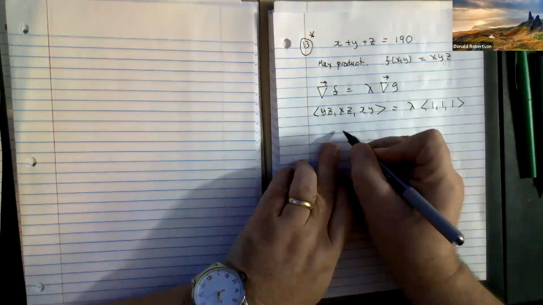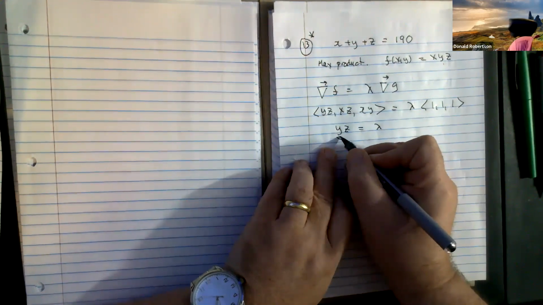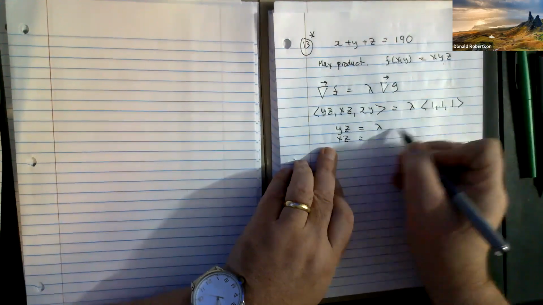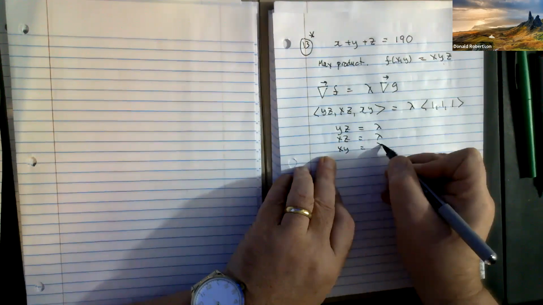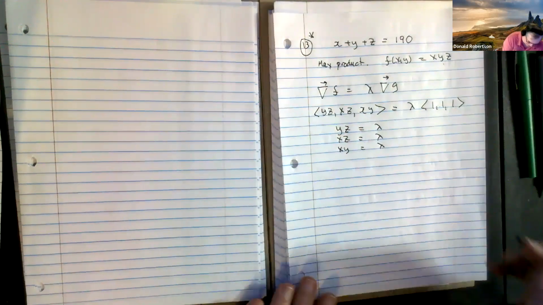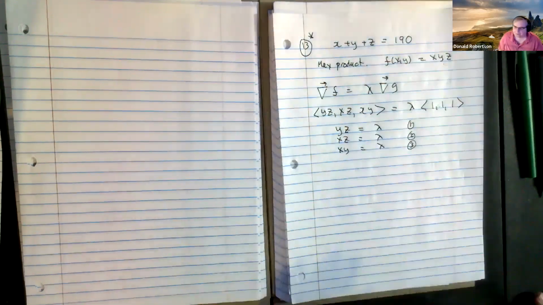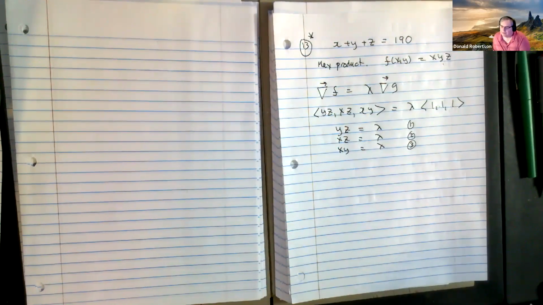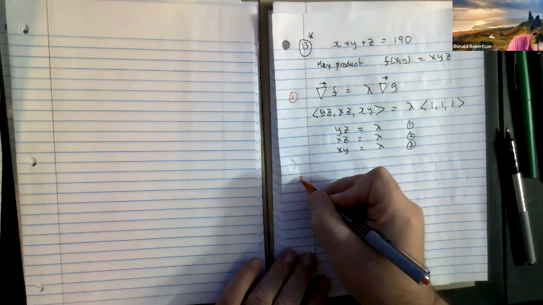Now that's going to match out as yz is lambda, xz is 1 lambda, and xy is 1 lambda. And that's going to be my 3 equations. Are we good? 1, 2, 3. That's step 1 done. Right, step 2.